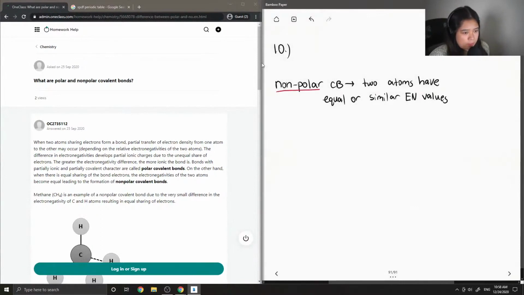So the difference in electronegativity is typically equal to around 0 or 0.5.